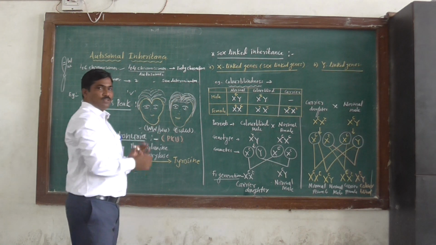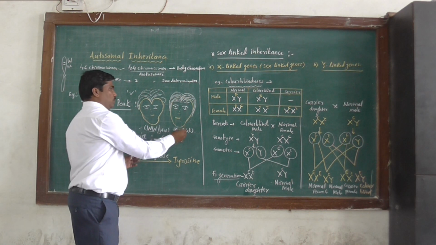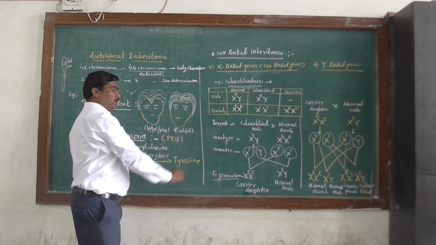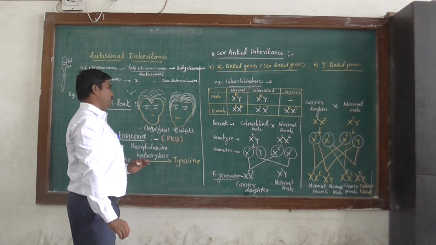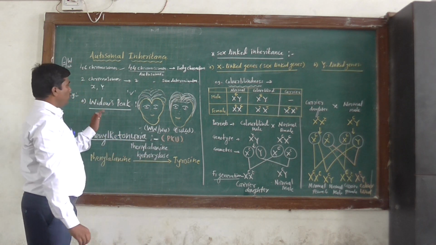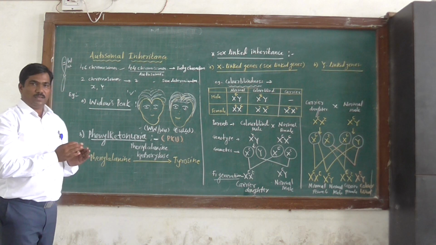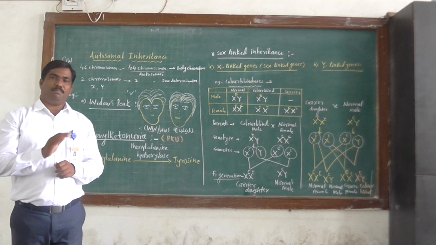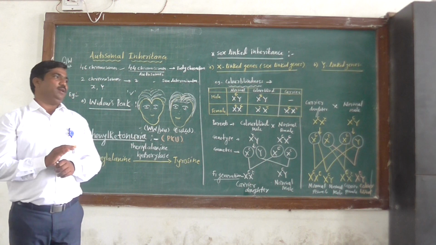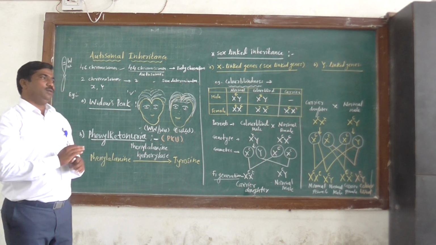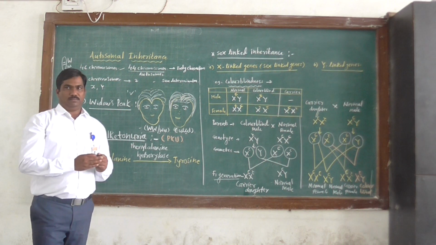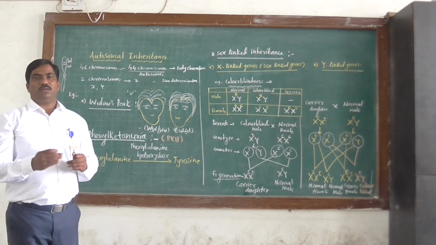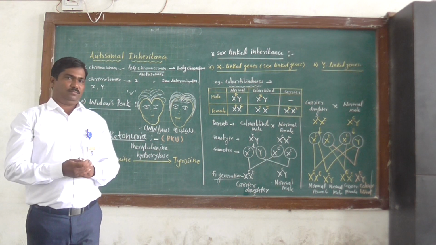So there is no widow's peak. These autosomal dominant traits are equally inherited in male and female individuals, and they do not skip a generation, meaning they occur in every generation.